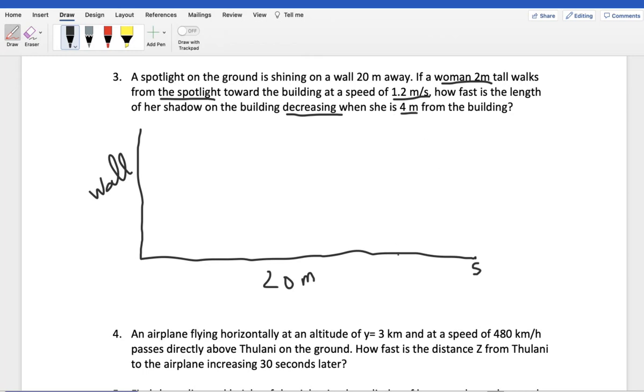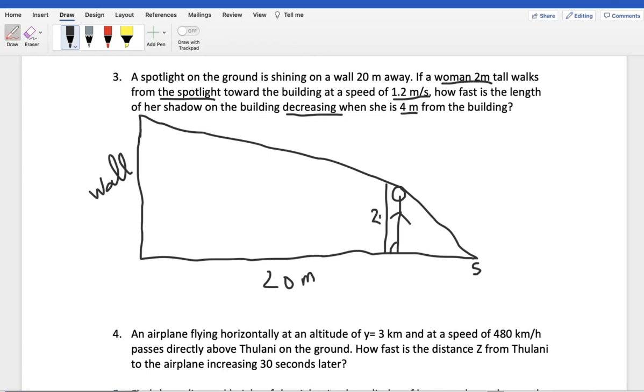So if you were to imagine, let's just draw, again, this is just a caricature, that the woman is there. She's 2 meters tall, so that's a very tall woman. So this distance here from the top to bottom is 2 meters.